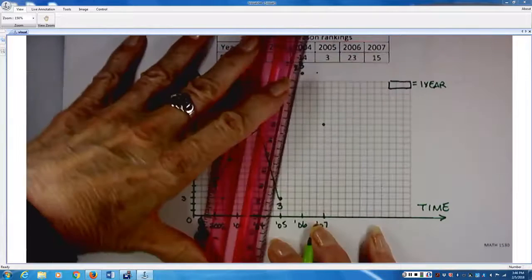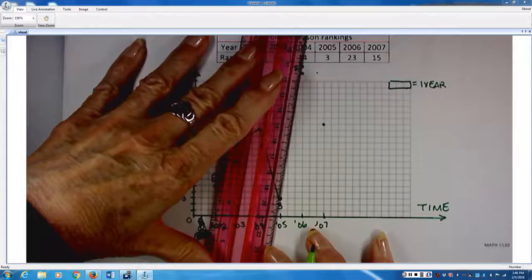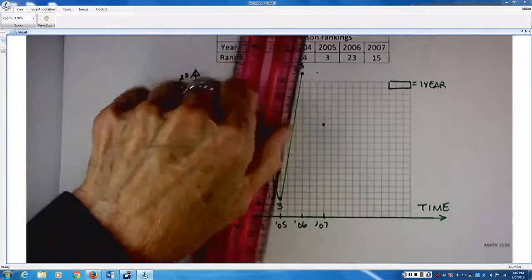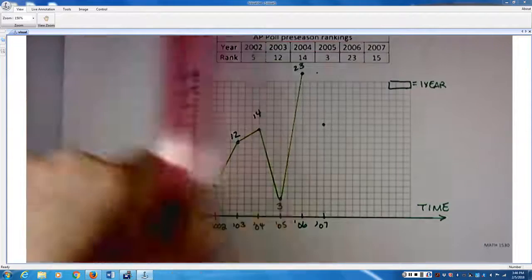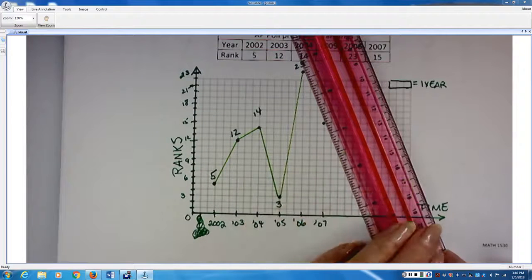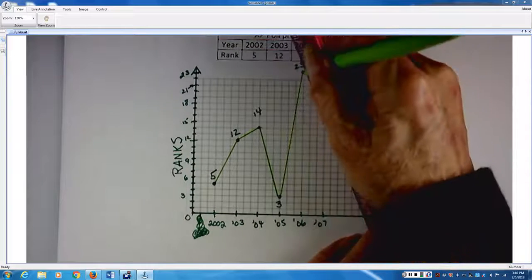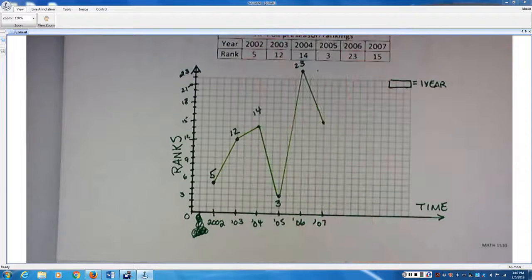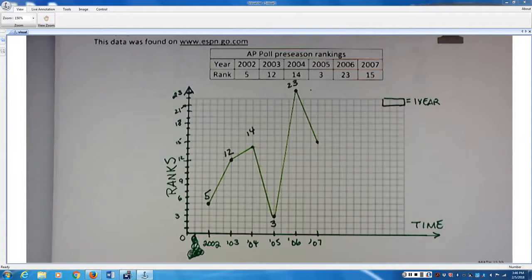And then immediately dropped all the way to the 23rd place the next year, before they came back in 2007 to 15th place. And I don't know where they were in 2008, 9, 10, because the data that I had was only going that far.